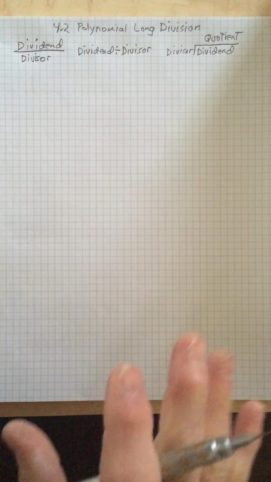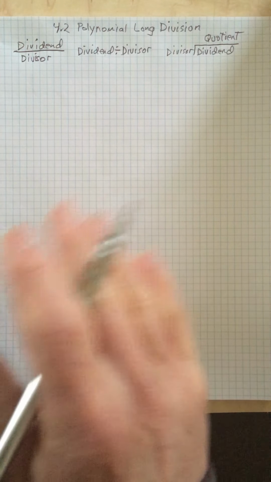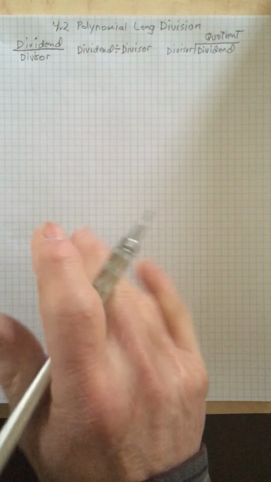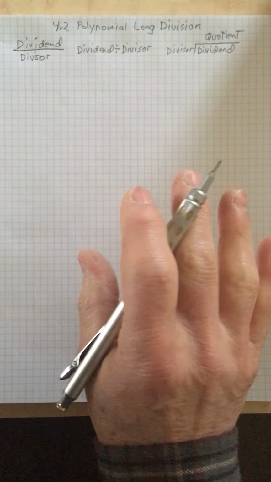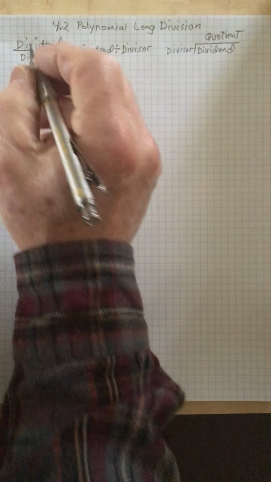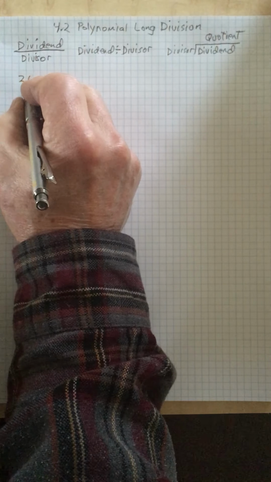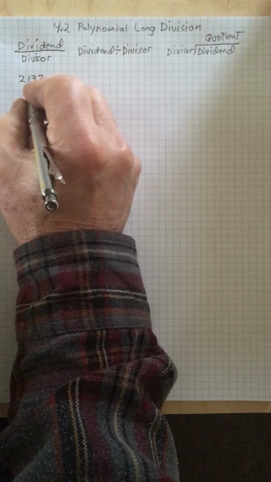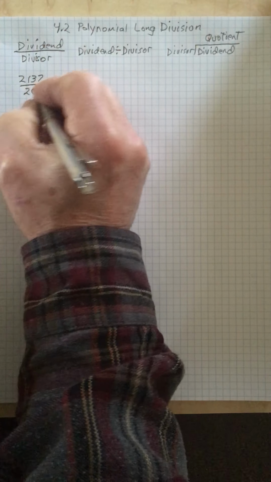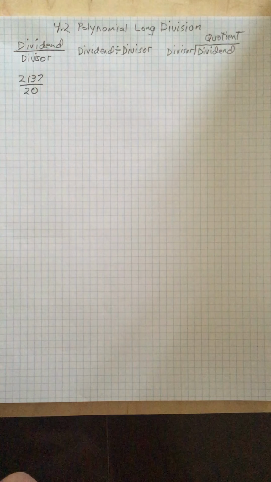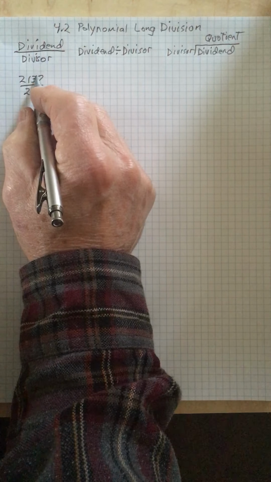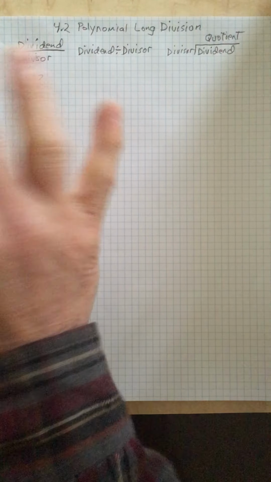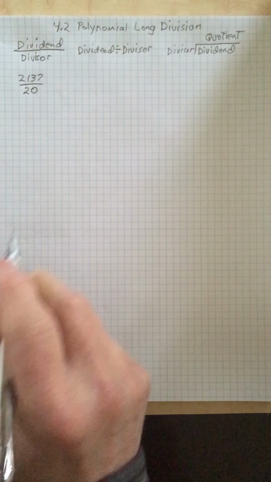Okay, so let's work through a problem with normal numbers first, and then I'll do a polynomial example, and you'll see how similar it is. So let's try this one. If that's the problem we're given, and again, if that's a polynomial and that's a polynomial, it's not going to really be that much different.